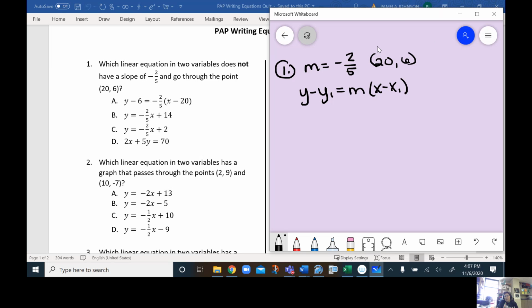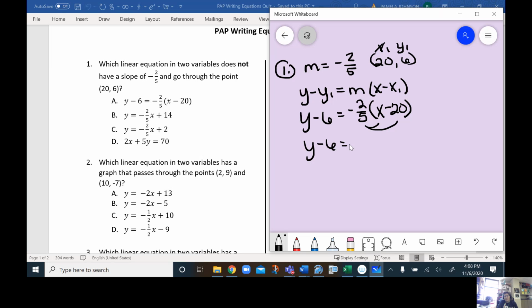So when I plug things in, 20 is my x1, 6 is my y1. So y minus 6 equals -2/5 times (x minus 20). Okay. I'm going to go ahead and distribute my -2/5.